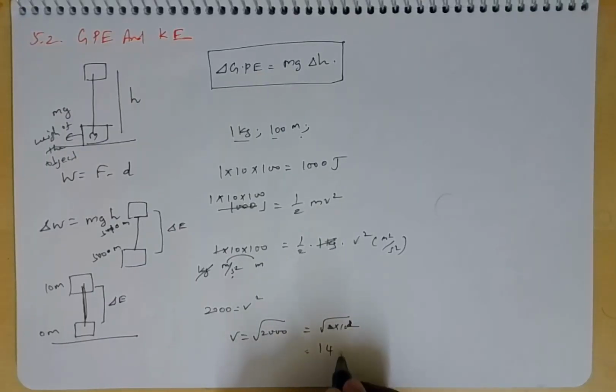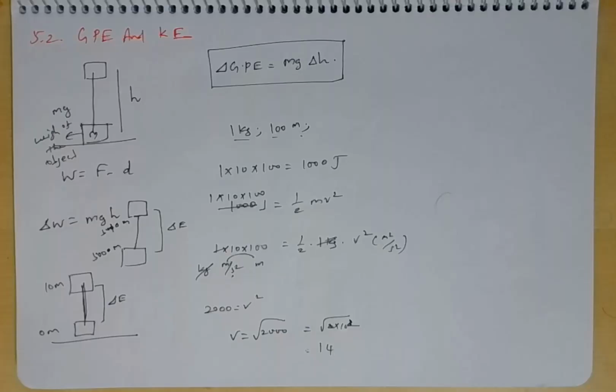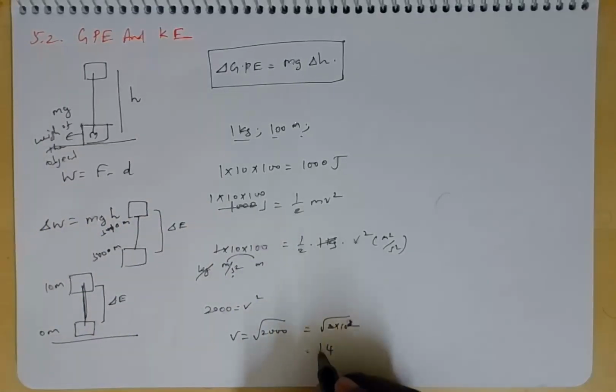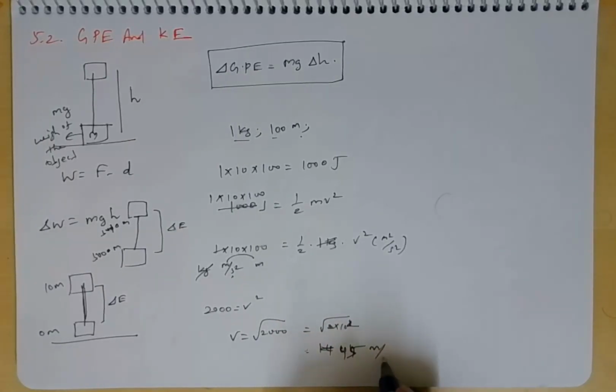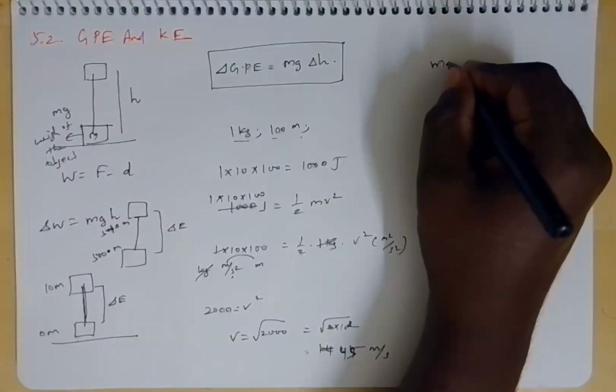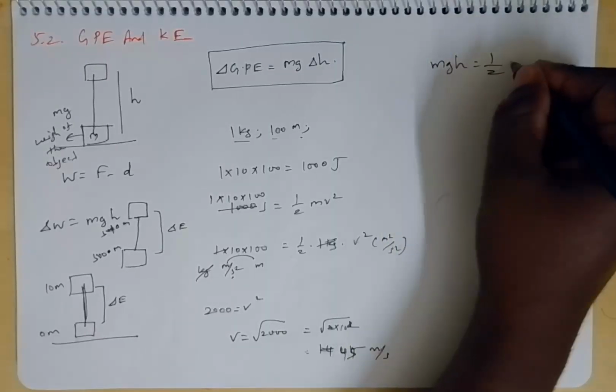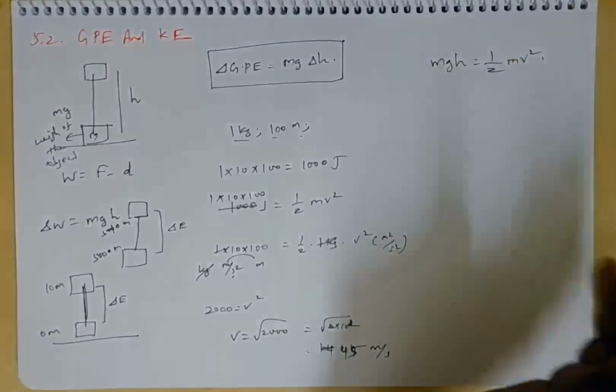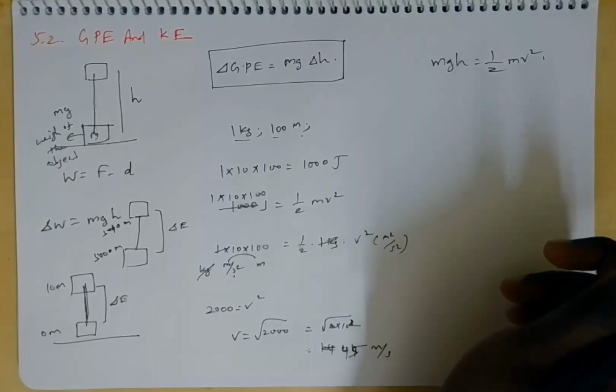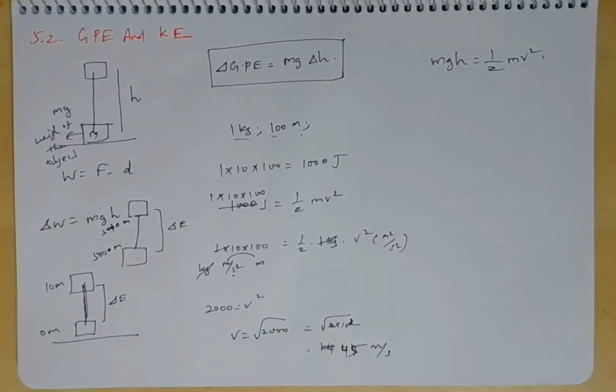So 44 approximately, yeah, we can call it 45 meter per second. Okay, this is a shortcut. So what equation is utilized? mgh is half mv square.